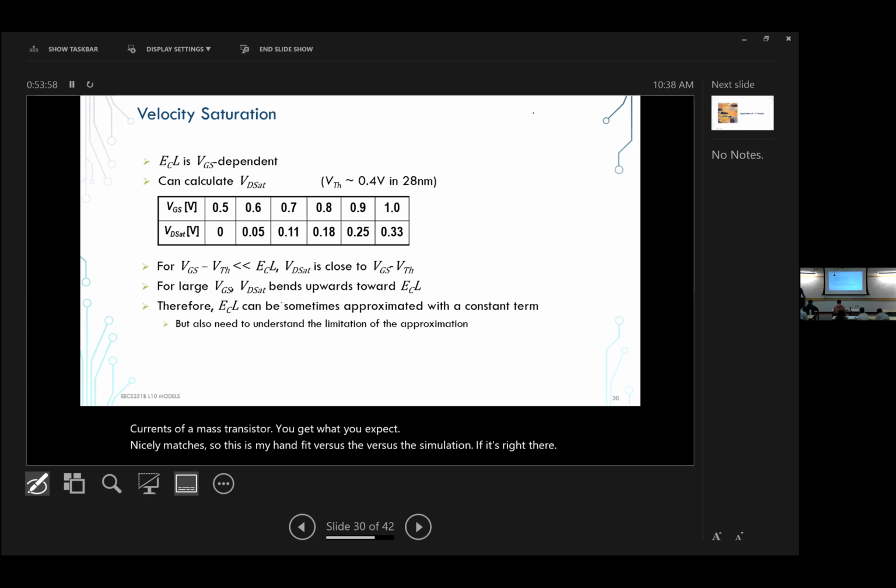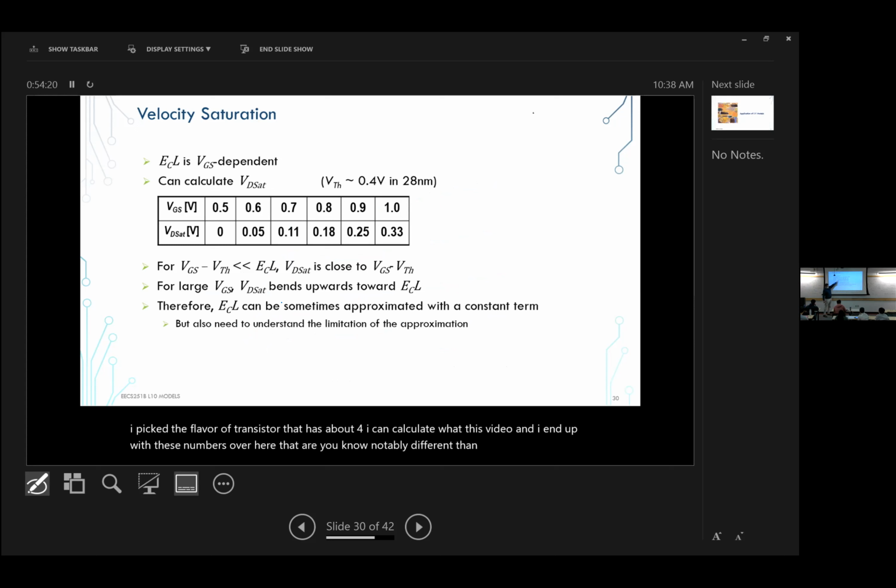I can try to numerically evaluate that in 28 nanometers, and this is what they get. Let's say that I picked a flavor of a transistor that has VPH of about 0.4. I can calculate what is VD-SAT. And I end up with these numbers over here that are notably different than VGS minus VPH.